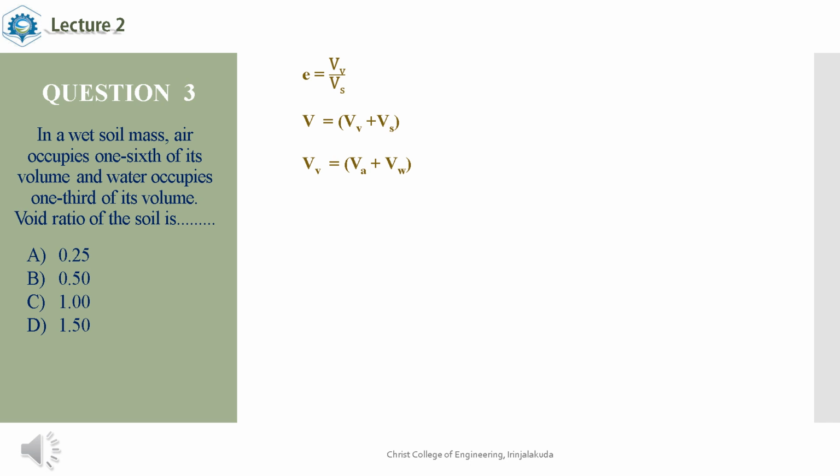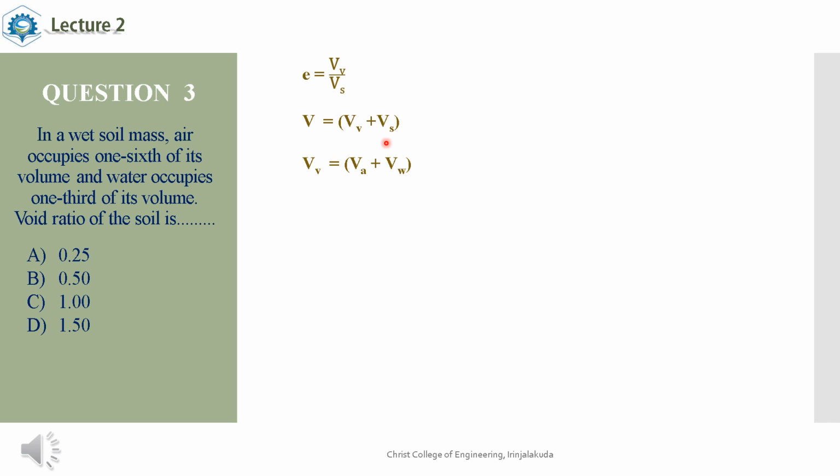Void ratio can be expressed as the ratio of volume of voids to the volume of solids. And the total volume is occupied by voids as well as solids, so the total volume can be written as volume of voids plus volume of solids.